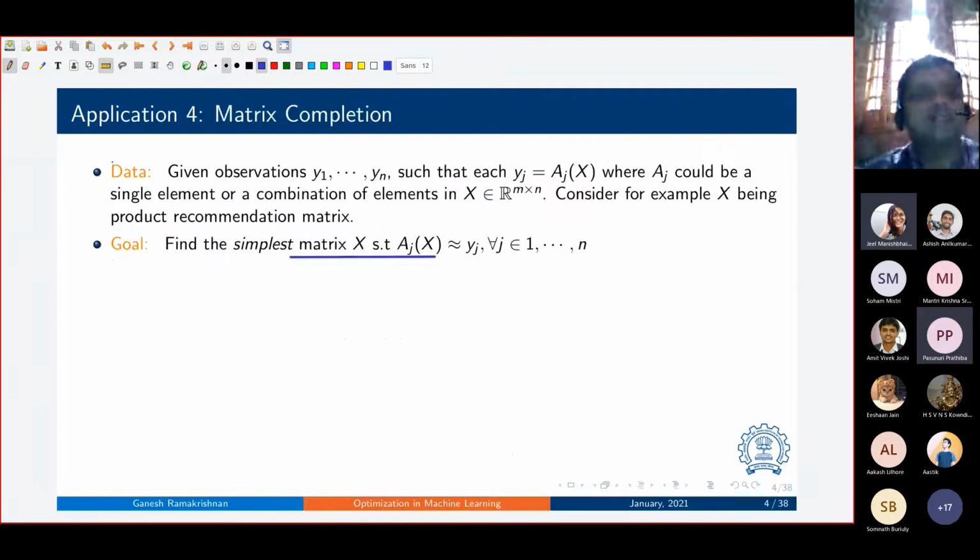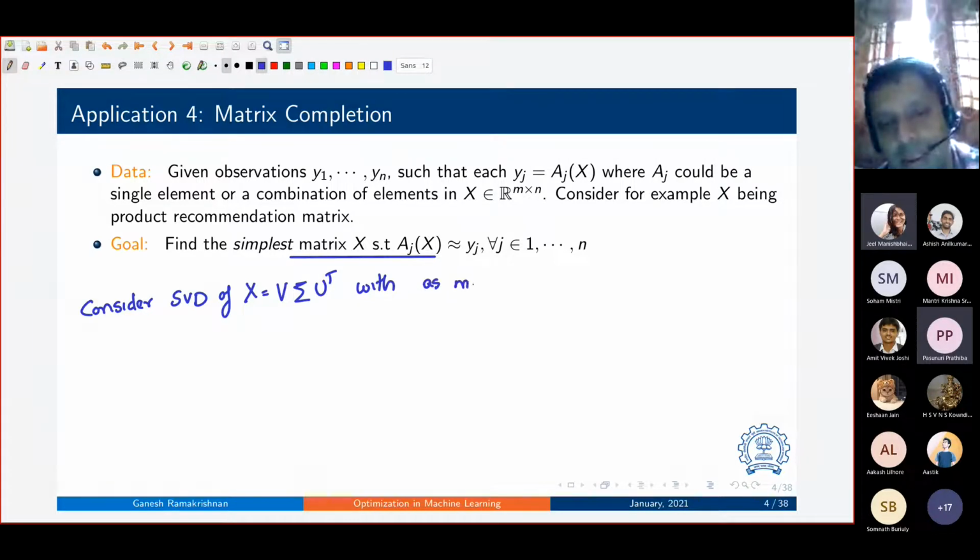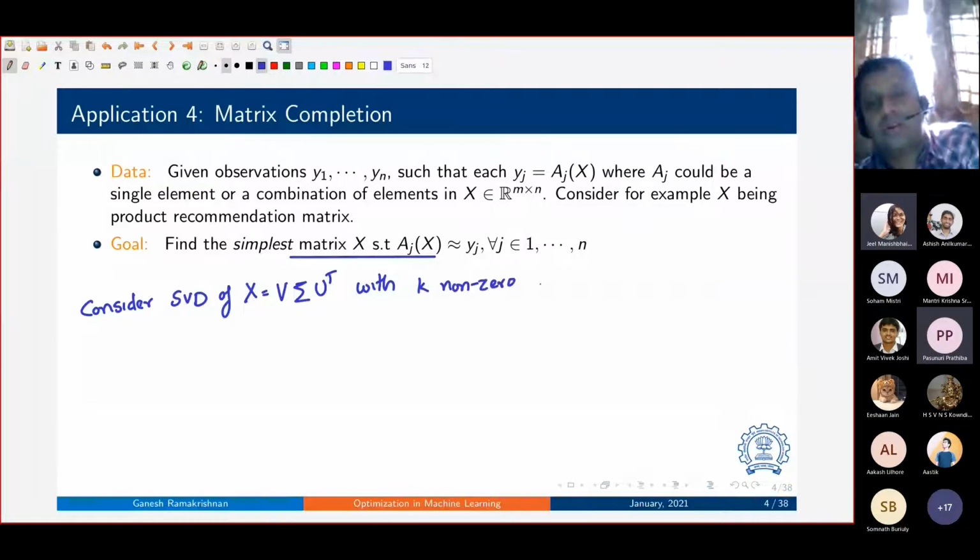So if you recap from this, consider the SVD of X, which is V sigma U transpose, with, let's say, we know that there are K non-zero entries.